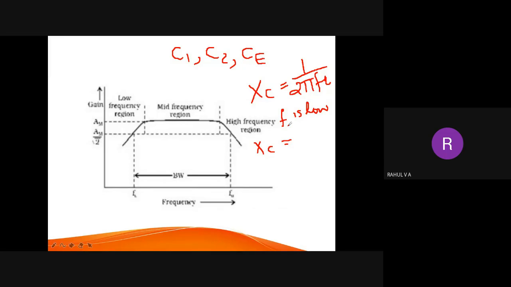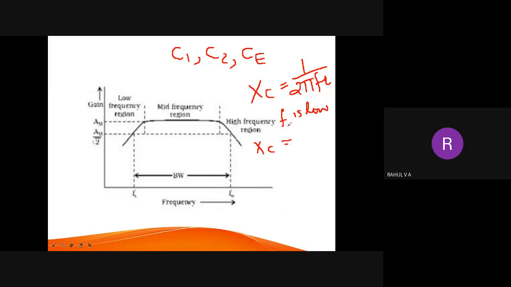Okay, come back to this circuit diagram. We have three capacitors: C1 and C2, the coupling capacitors, and the emitter capacitor CE. The reactance of a capacitor, Xc, is equal to 1 by 2 pi fC.